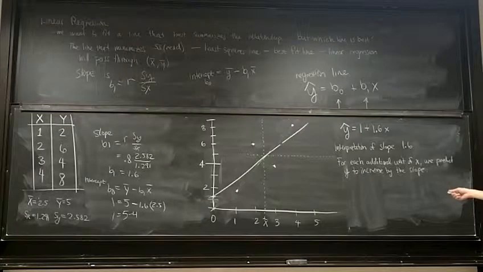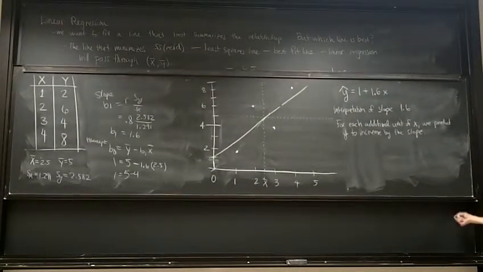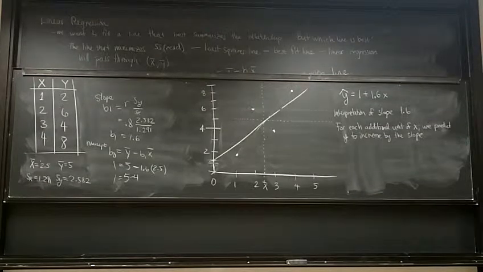That's the generic form. In our case, that means for each additional bedroom, we predict the number of closets to increase by 1.6.